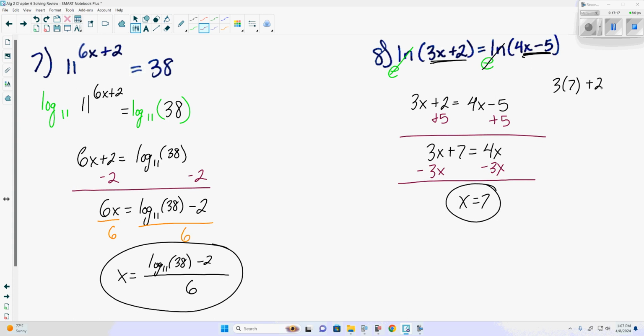Well, 3 times 7 is 21 plus 2 is 23. That's not negative or 0, so that works. Because if our value of x causes 3x plus 2 or 4x minus 5 to become negative or 0, we have to throw it out. Questions on this here?